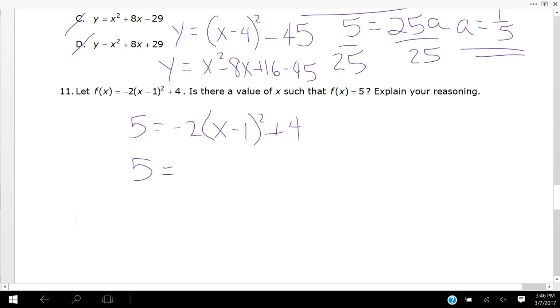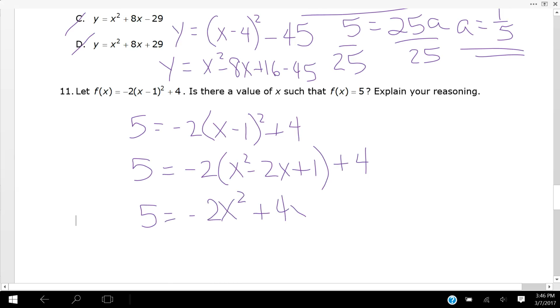So 5 equals negative 2 times x squared minus 2x plus 1. So I end up with 5 equals negative 2x squared plus 4x minus 2 plus 4. I'm going to add minus 5 to both sides. 0 equals negative 2x squared plus 4x.